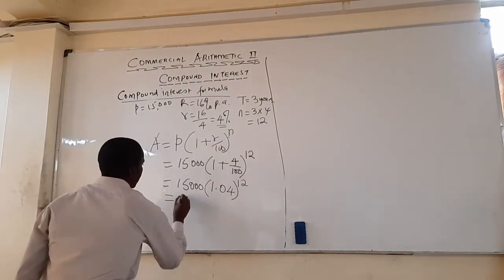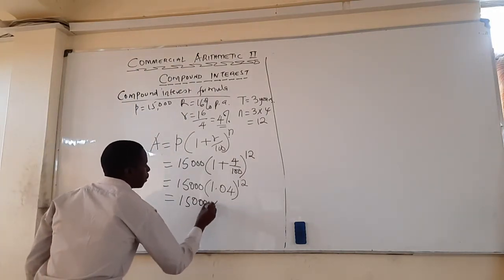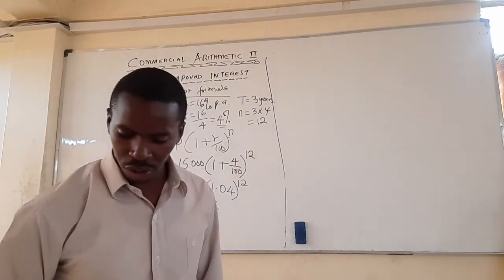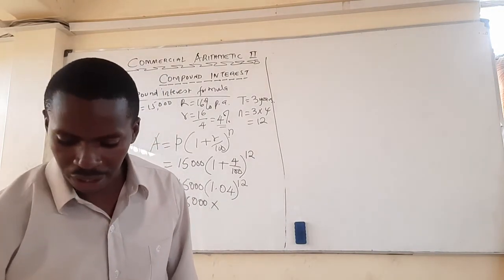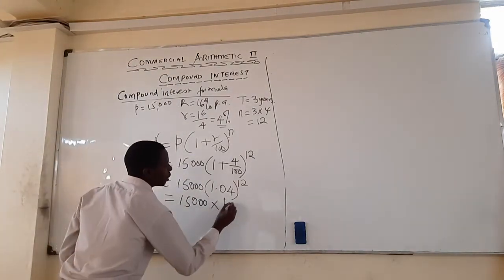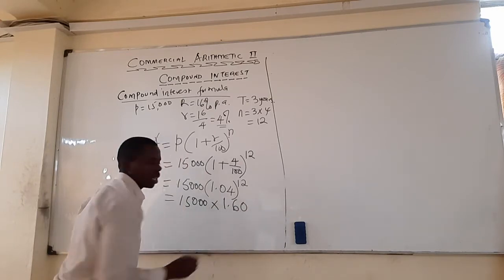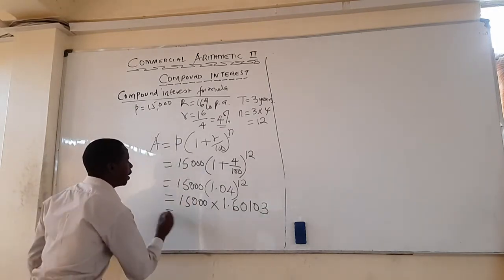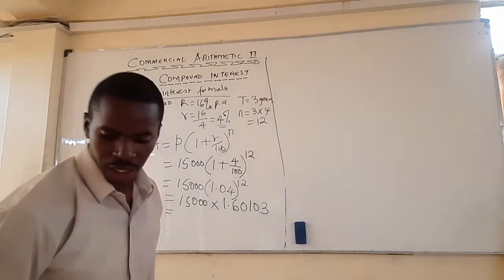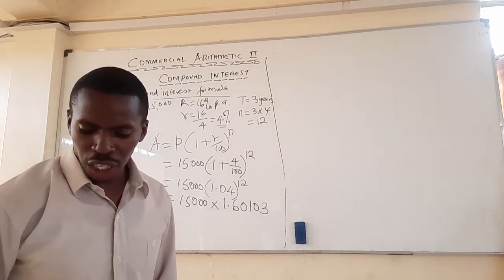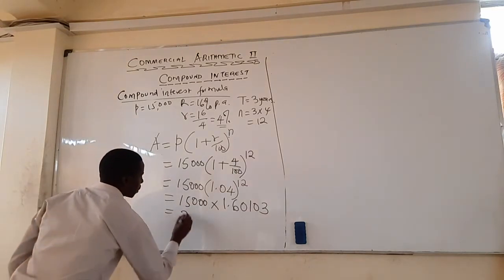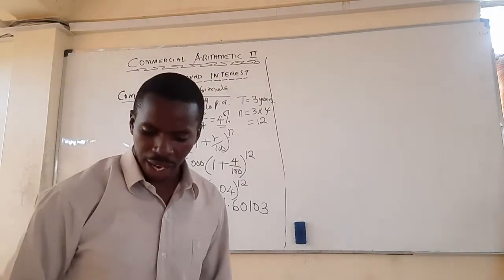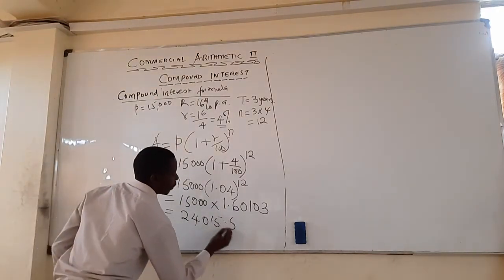And multiply that, we are going to have 15,000 multiplied by 1.04 power 12, which is going to be 1.60103. Then we multiply by 15,000. We get approximately 24,015.5.